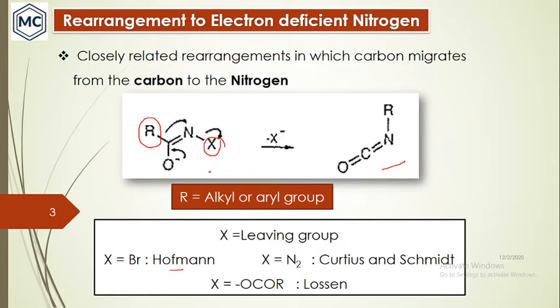And if X is an ester or COR, it is called the Lossen rearrangement. So schematically I can give an outline of all four reactions like this, and we will get more details in subsequent slides. The only difference is that X is different in each case.